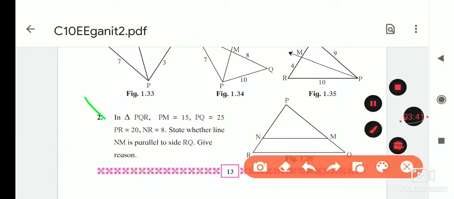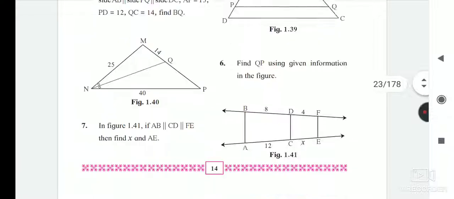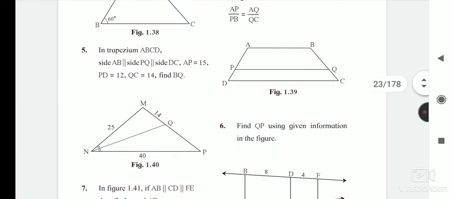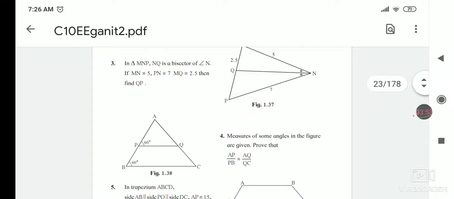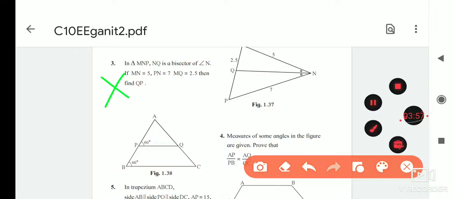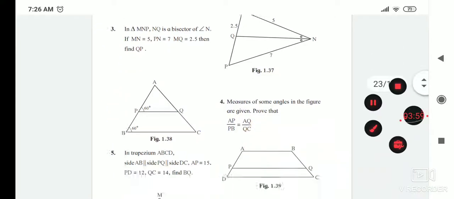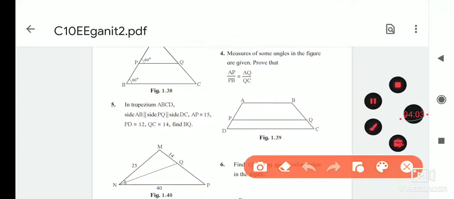This and that. Okay, but on page number 14, question number 3 will not come for the exam. Then the 4th will come. Afterwards the 5th was deducted from the syllabus. The 6th was deducted.